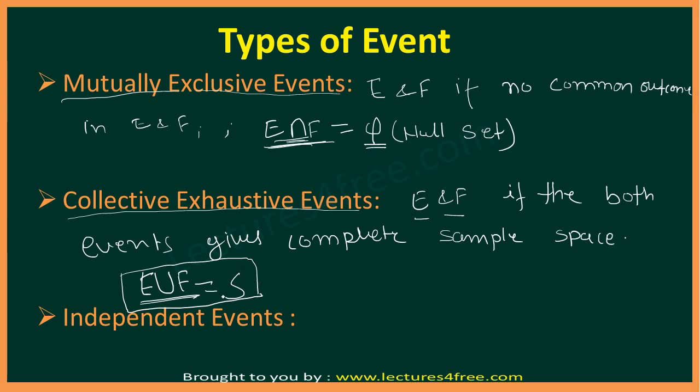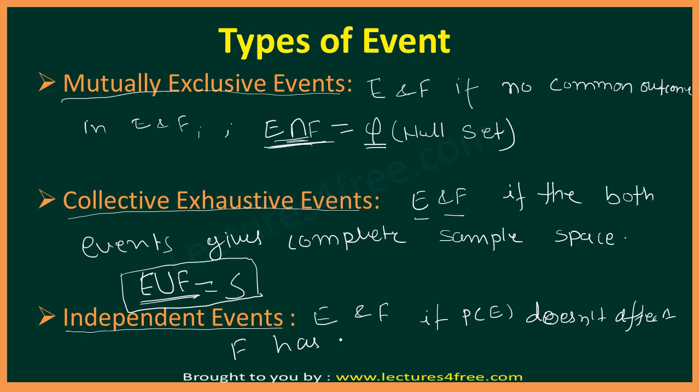Now let's see independent events. This is also important. Two events E and F are said to be independent if the probability of E doesn't affect whether F has happened or not, and vice versa.